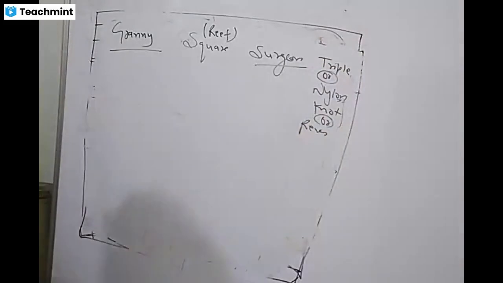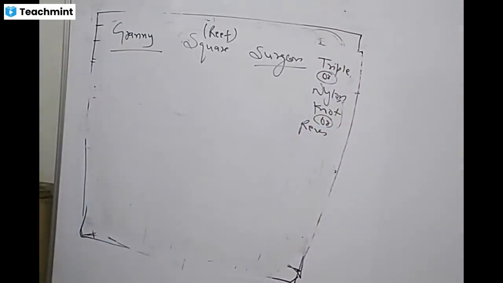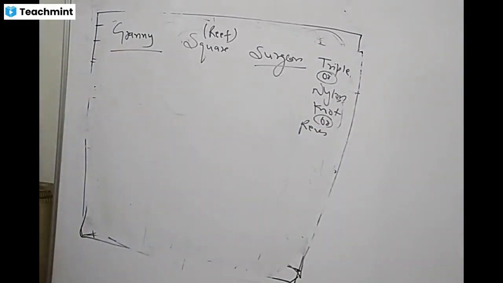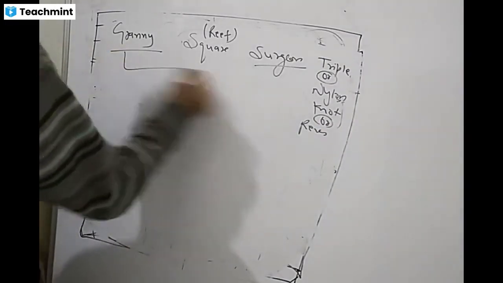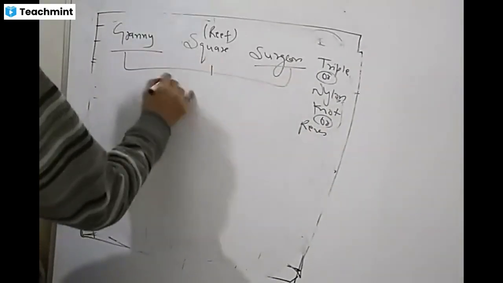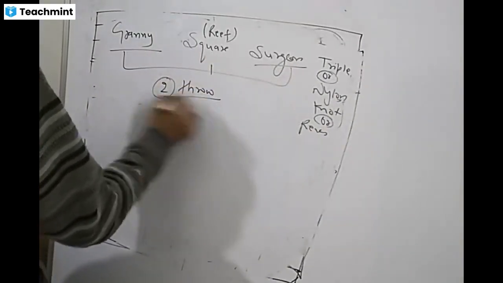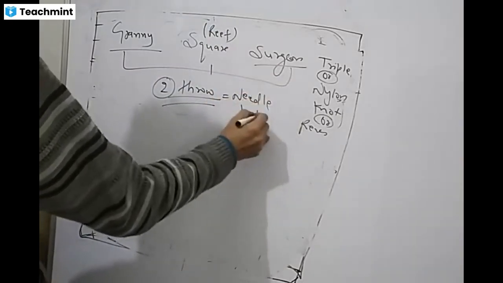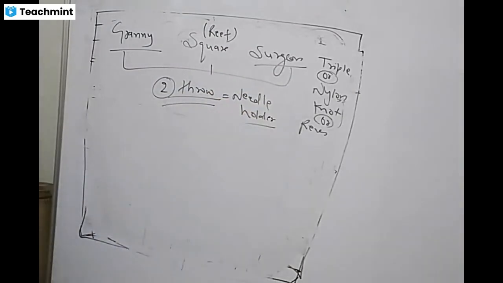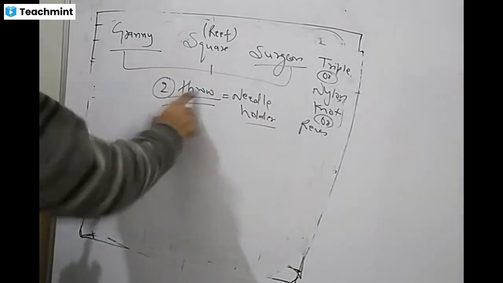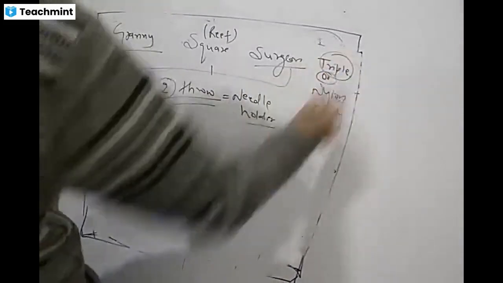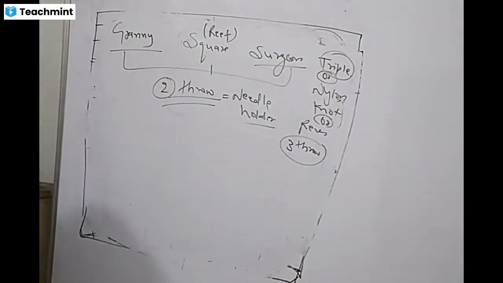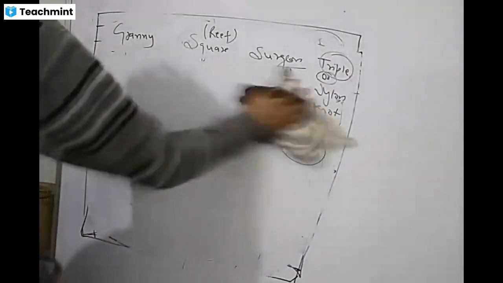There are four to five names for this one. So first is granny knot. In these three, we take two throws with the help of a needle holder. In case of triple, as the name itself says, three throws are taken. So what is the difference between these knots?